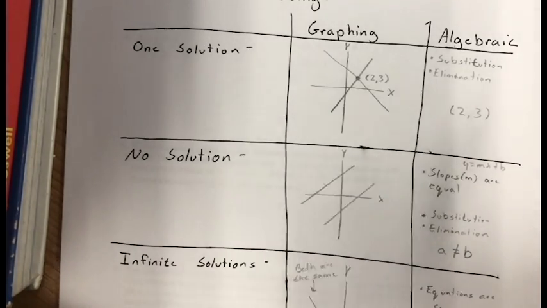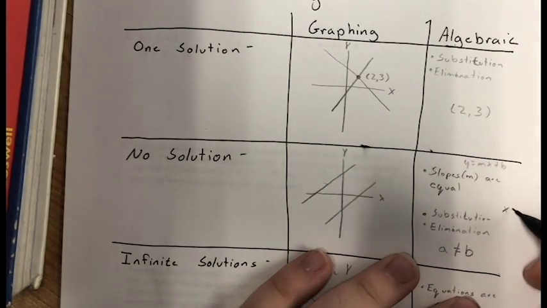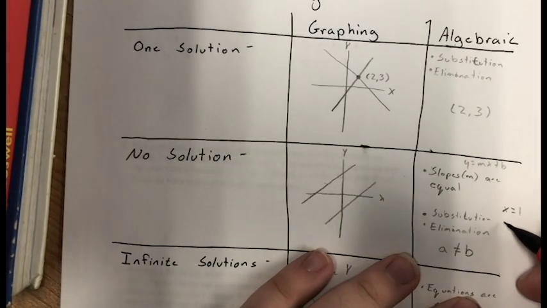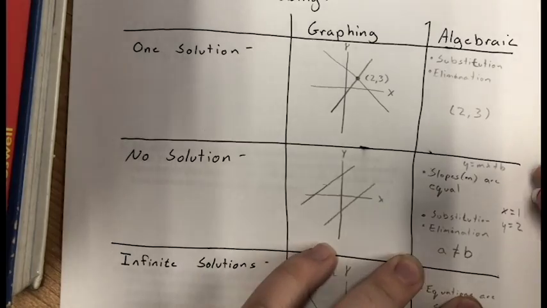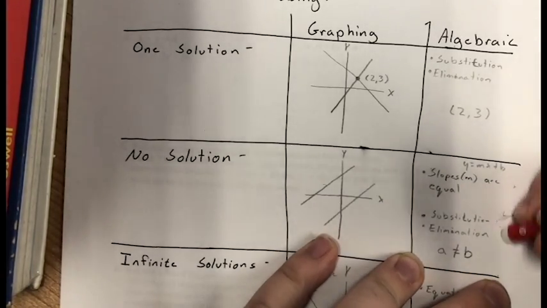Well, what if you didn't notice that and you started doing things through substitution and elimination? You're going to come up with an equation. Normally, when you did something, you might get something like x is equal to 1, or you might find out that y is equal to 2. Well, if you have no solution, you're not going to get that. You're going to get something weird looking.